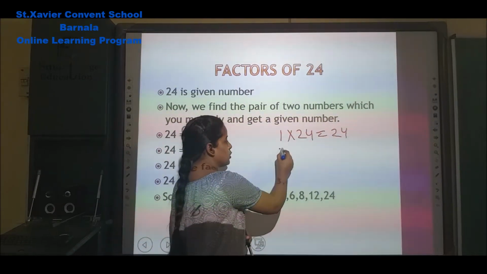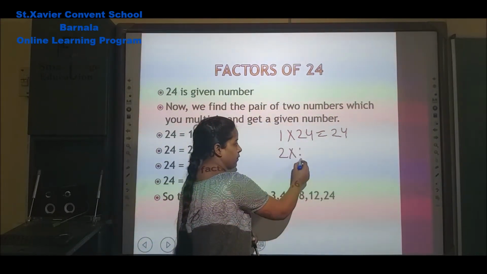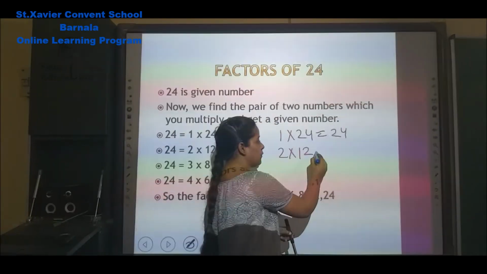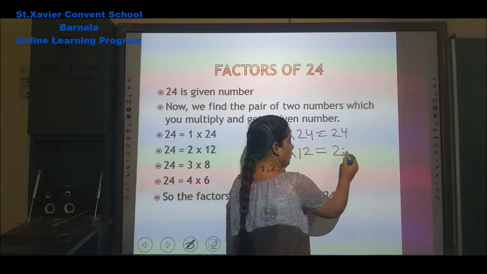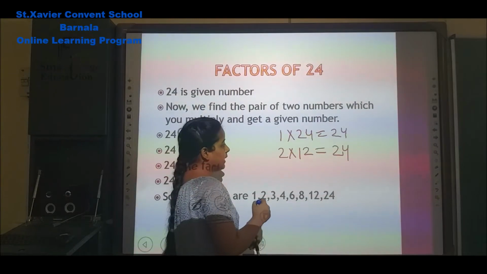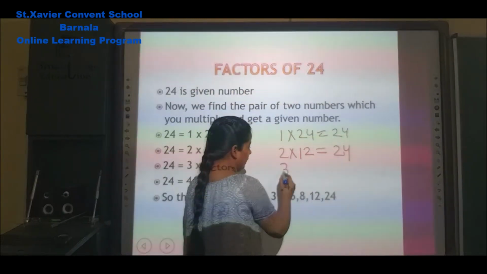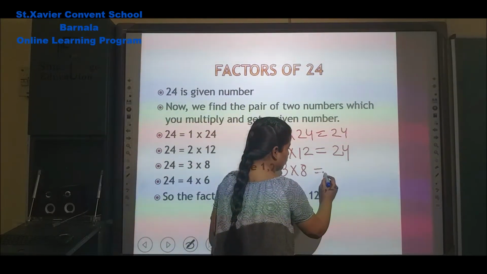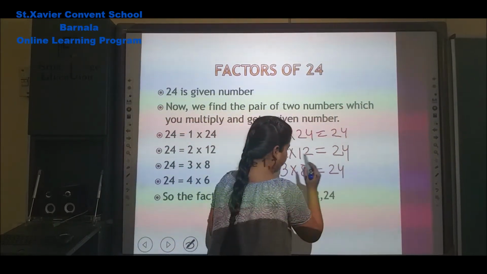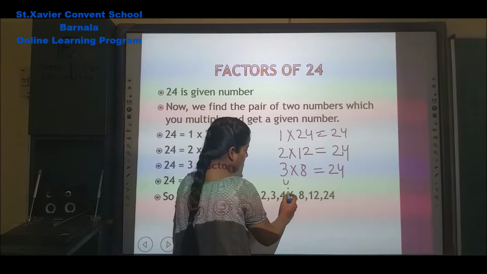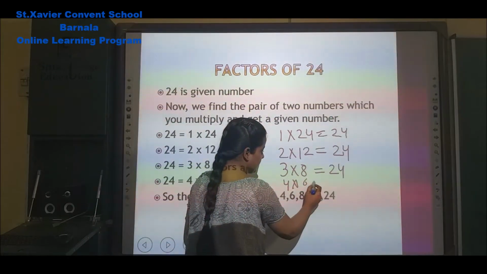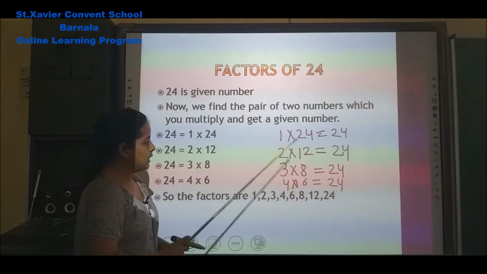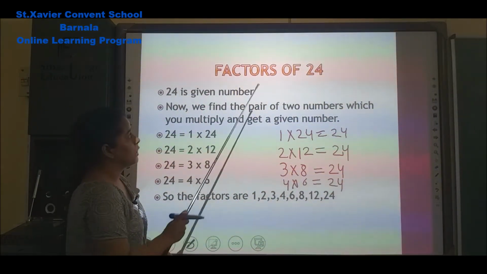Next is 2 and 12, which multiply to give 24. After that, the next pair is 3 and 8. 3 multiplied by 8 is equal to 24. And 4 multiplied by 6 is equal to 24. These are the 4 pairs of 24.